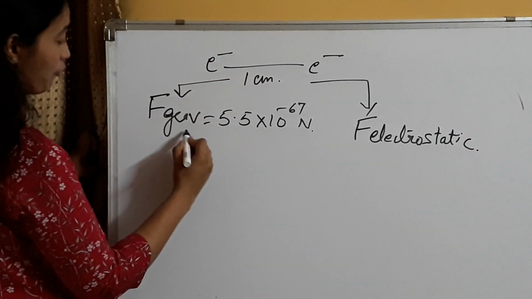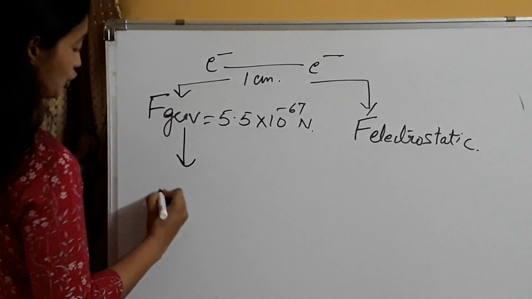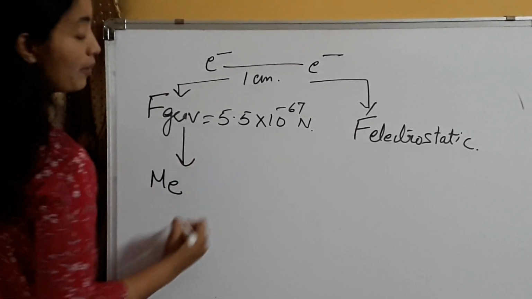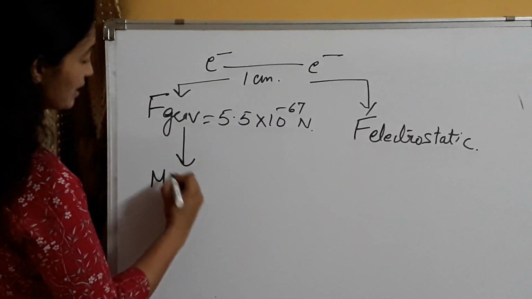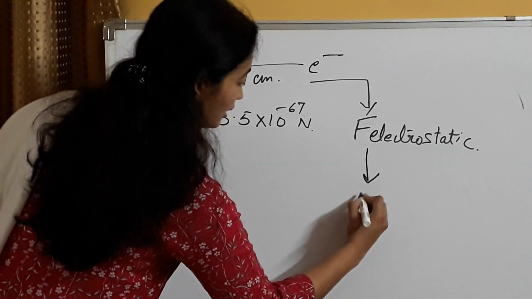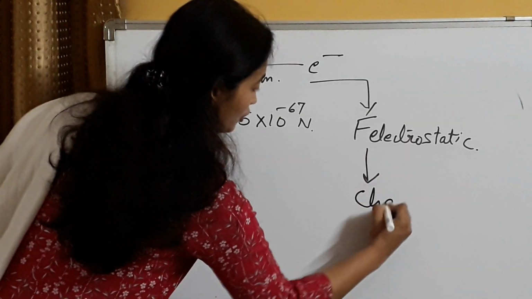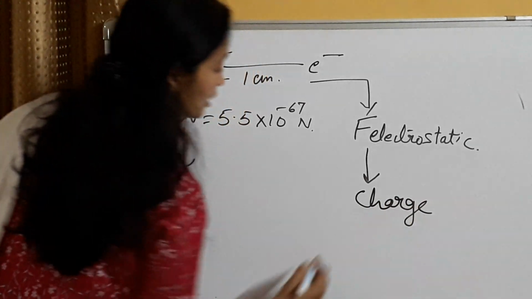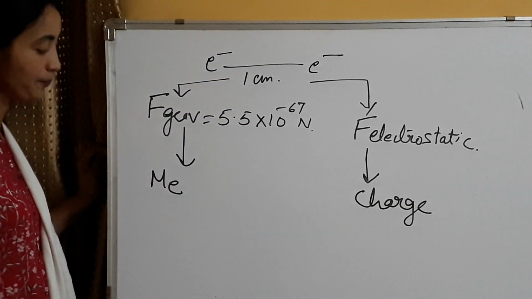This gravitational force is due to mass. That is, mass is responsible for gravitational force. Then there should be another fundamental entity which should be responsible for electrostatic force, and that is charge.